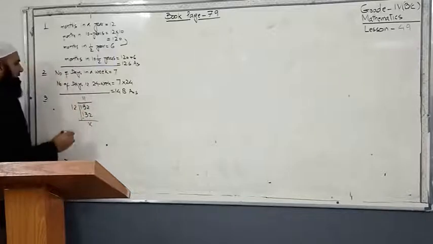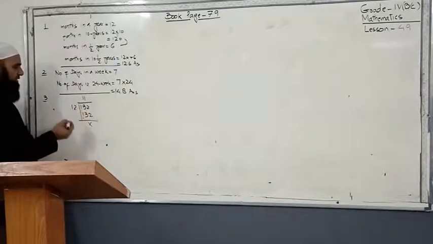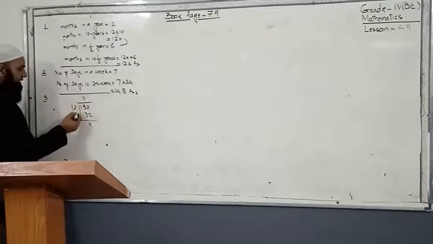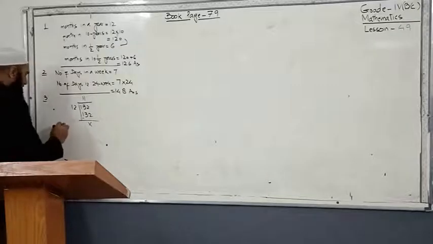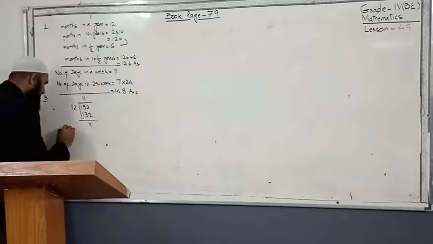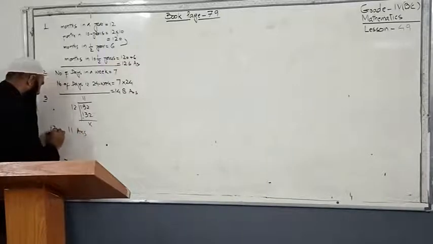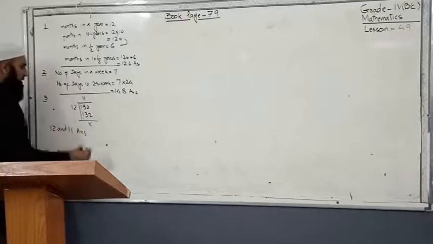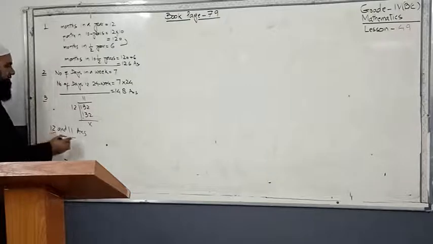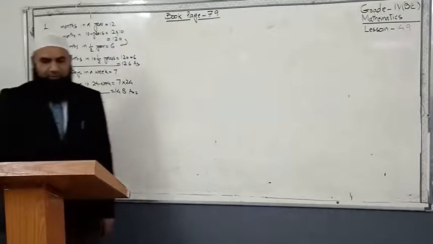So this and this are the factors of this. Quotient and divisor are the factors of division. Okay, so 12 and 11. Answer is 11. 12 and 11 are the factors of 132.